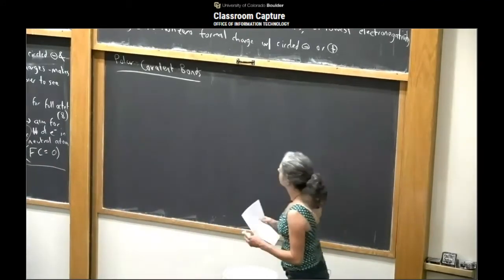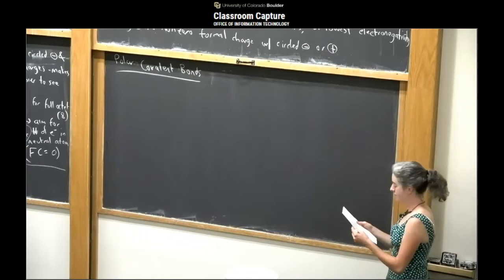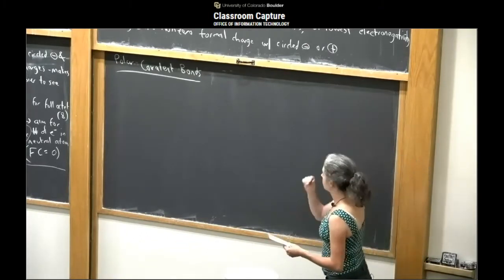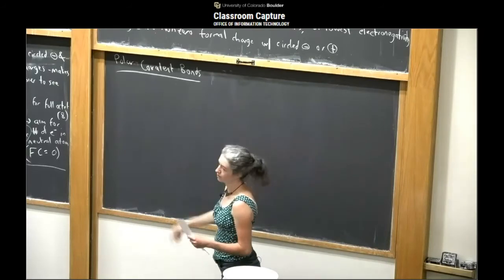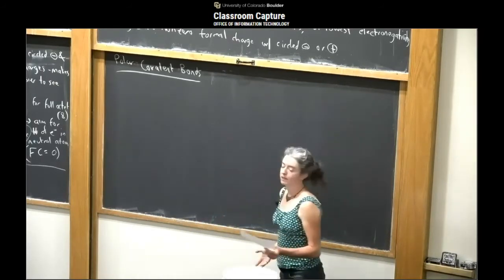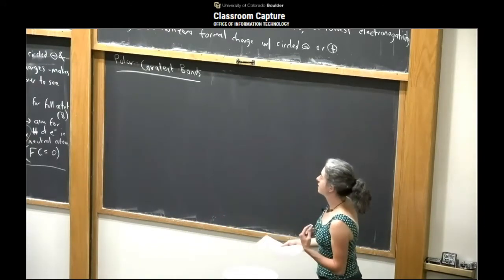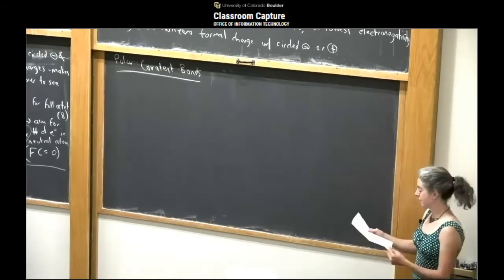Okay, so polar covalent bonds are exploring the concept that just because we're showing two electrons in the space between two atoms doesn't necessarily mean that they're actually being shared equitably.